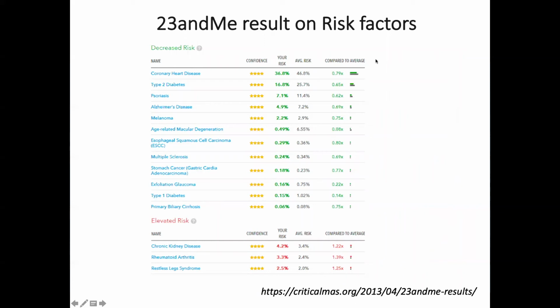Here is an example. This was the main reason why Dr. Schaber and his brother did a test, to see the risk for Alzheimer's disease, because as you can see here, it has all these different risk factors, also including Alzheimer's disease.